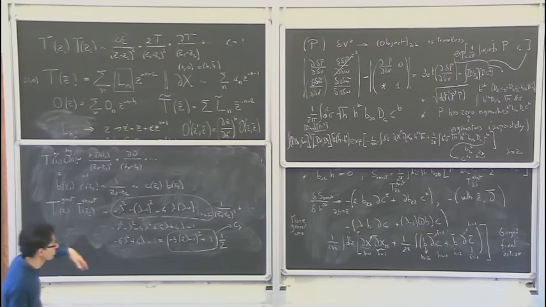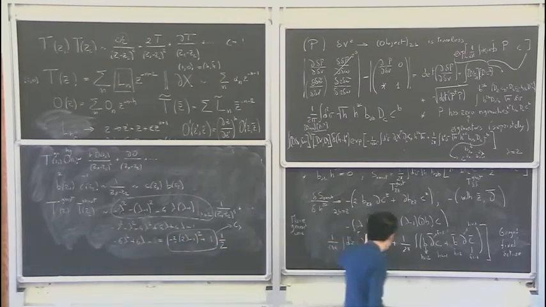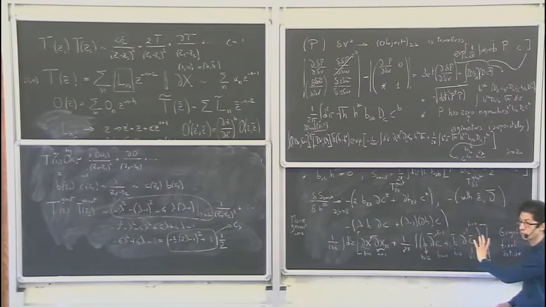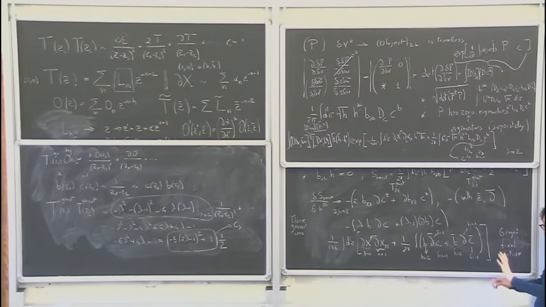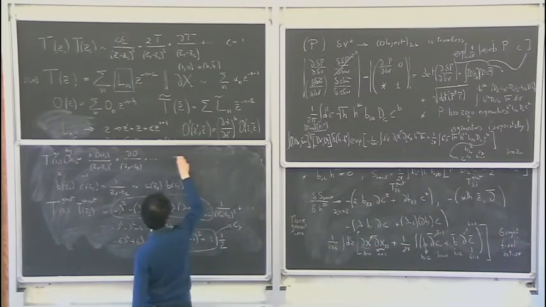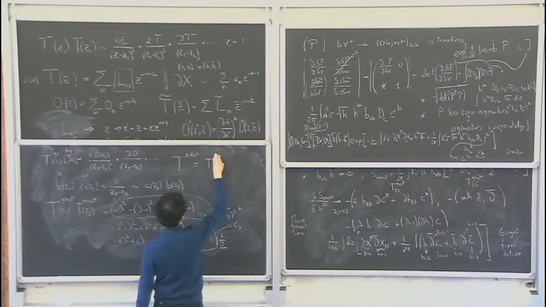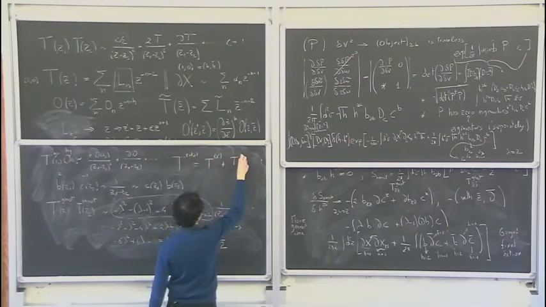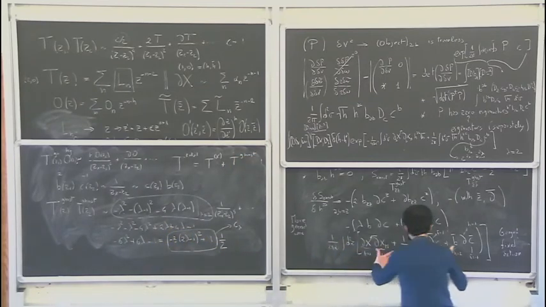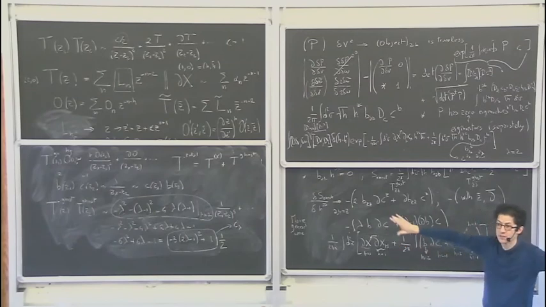Because the total stress tensor is the stress tensor of the matter plus the stress tensor of the ghost. Right? So the total T is T of the X that we calculated plus T of the ghost. This is because these two theories, you see, are completely decoupled, are two free theories.